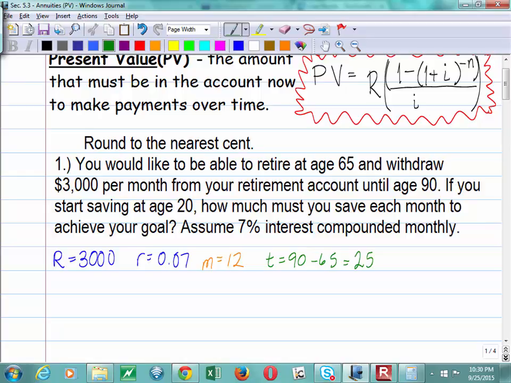Alright, and we'll figure out the present value first of how much you need to have in the account at age 65.